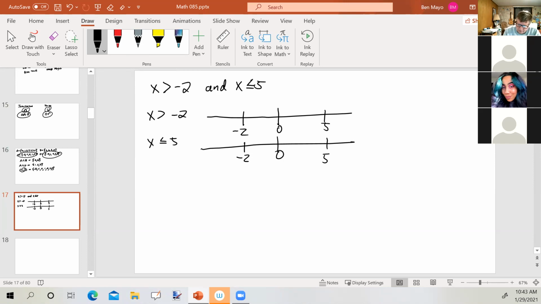X is greater than -2. We would have a parenthesis opening to the right and an arrow going to the right. So that is how you would graph x greater than -2. Now, x less than or equal to 5, you would have a bracket at 5 and an arrow going to the left.